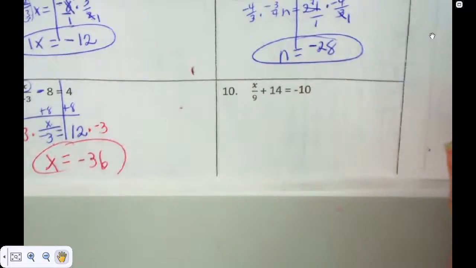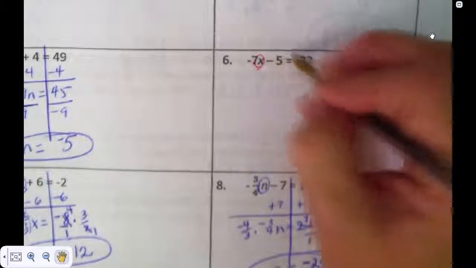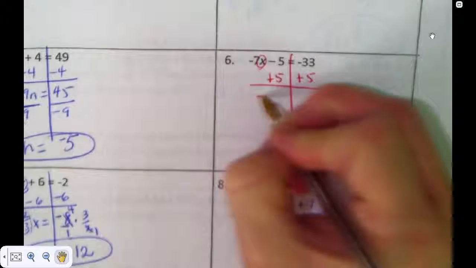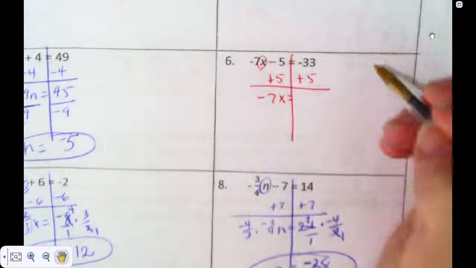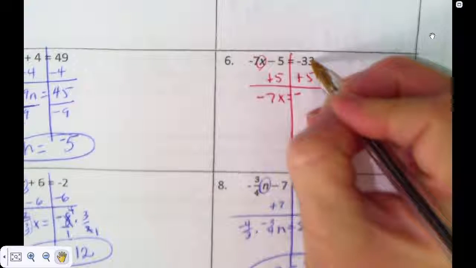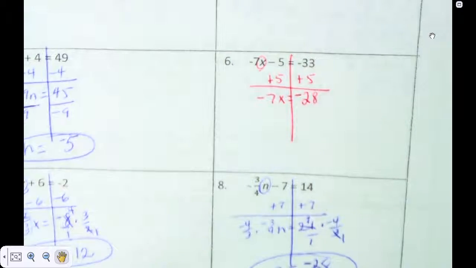Okay. I'll tell you what, I want to go back up and do number 6. Look at number 6. We're going to circle the X, river. I'm going to add 5. So that's going to give me what? What's -33 plus 5? -28. Why did we get -28?